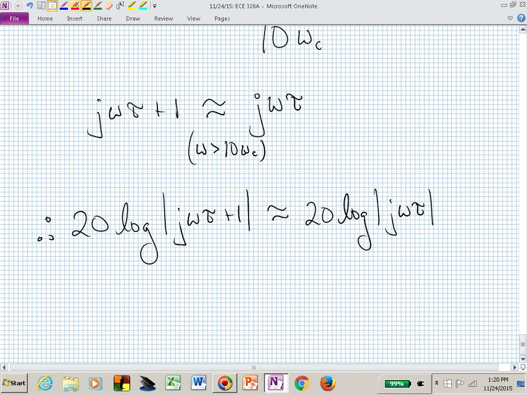But remember what tau was? 1 over tau was omega c, so tau is 1 over omega c. And if that's the case, what's the magnitude of j? If you were in the complex plane and I said, go directly to j, where would you go?